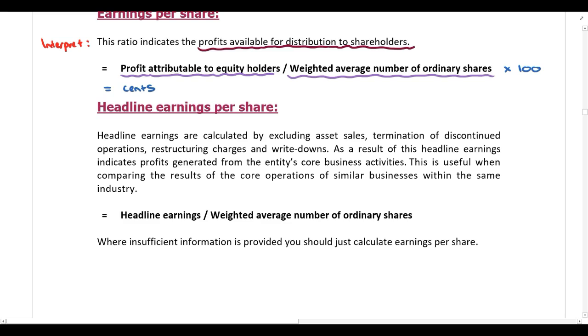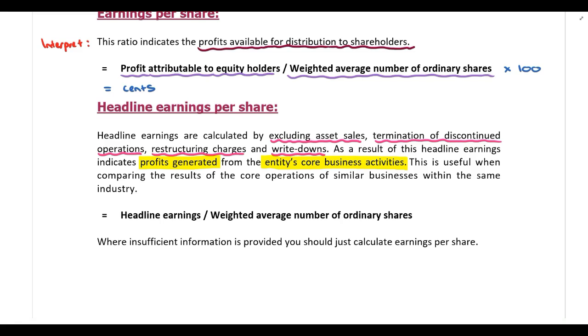Then next, guys, you need to be able to calculate headline earnings per share. And headline earnings excludes asset sales, termination of discontinued operations, restructuring changes, and write-downs. So as a result of this, headline earnings indicates profits generated from an entity's core business activities.